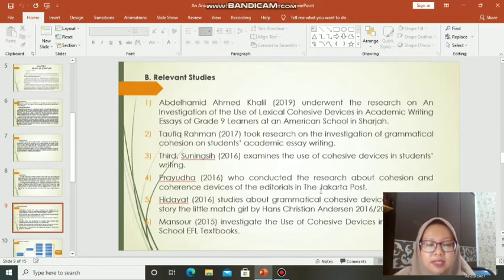And then the sixth is Mansur 2015, who investigated the use of cohesive devices in Iranian high school EFL textbooks.